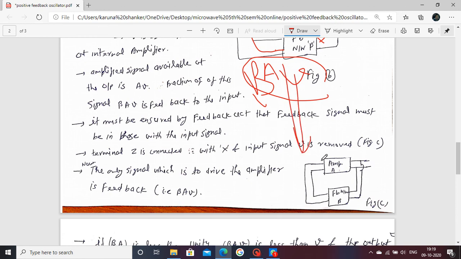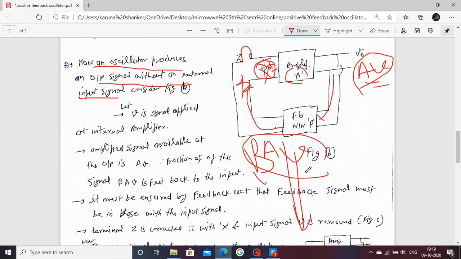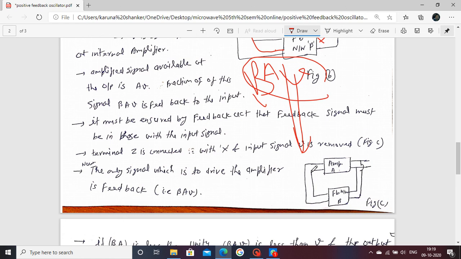We remove the V signal which was applied in the first step, and now this is formed as a closed path. This product, beta A V, appears across your amplifier, and is again amplified by your amplifier.